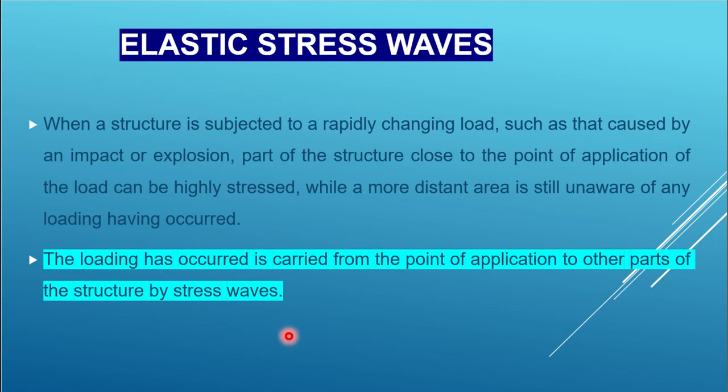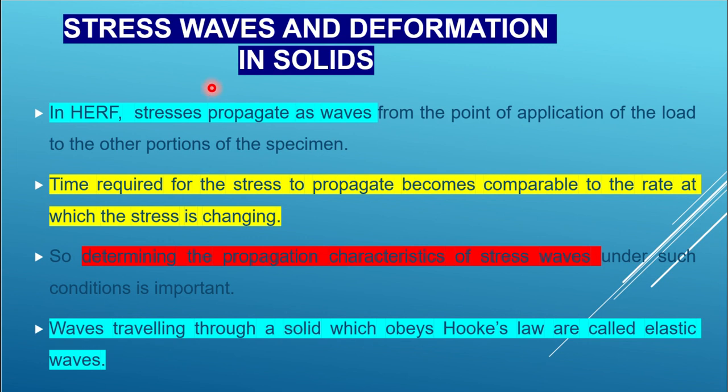That is stress wave. And in high energy rate forming, stresses propagate as waves, as I mentioned earlier. Time required for the stress to propagate becomes comparable to the rate at which stress is changing. Did you understand that? When we apply stress onto a material at different rate, as we mentioned earlier, strain rates.